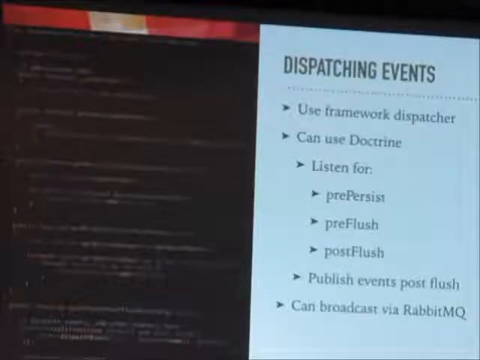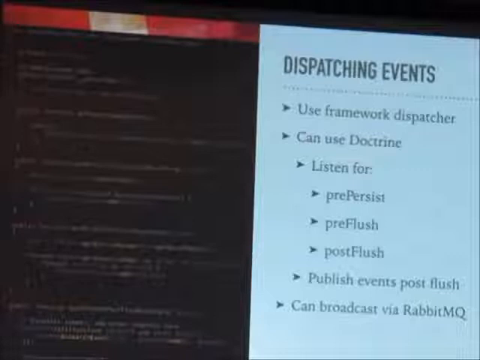So using Doctrine, there are a bunch of things which we want to hook into. Very importantly, pre-persist. If you don't hook pre-persist, you will not get any of the created events when you first persist an object, because it's not registered to the identity map.